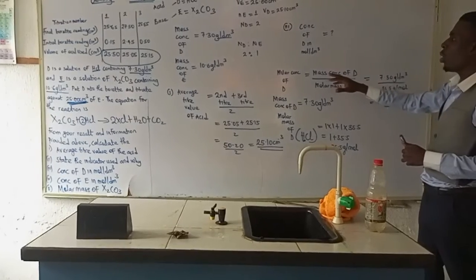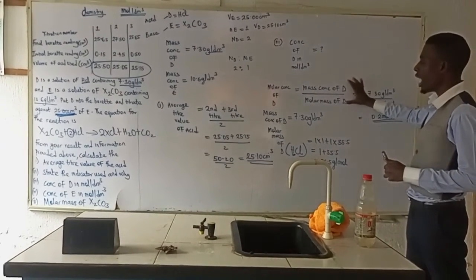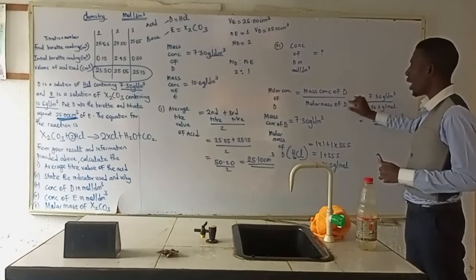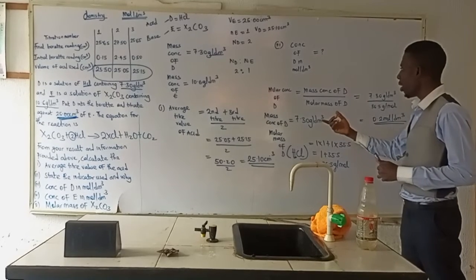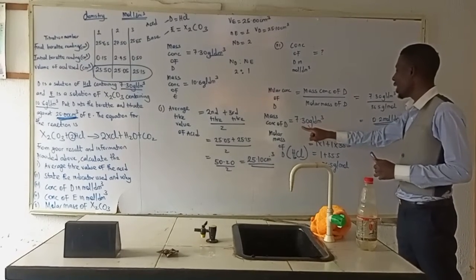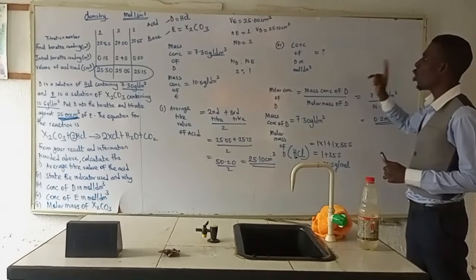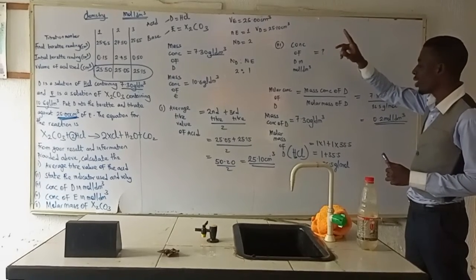Now remember, when calculating the molar concentration of D, memorize this formula: molar concentration of D is mass concentration of D over molar mass of D. In this question, they provided the mass concentration of D, 7.30 gram per dm cube, and the name of the compound D, our acid, hydrogen chloride.